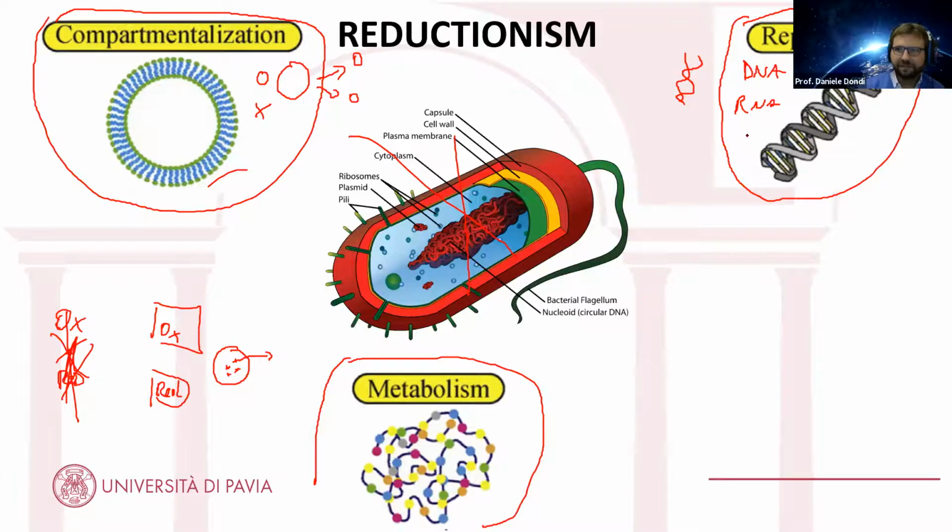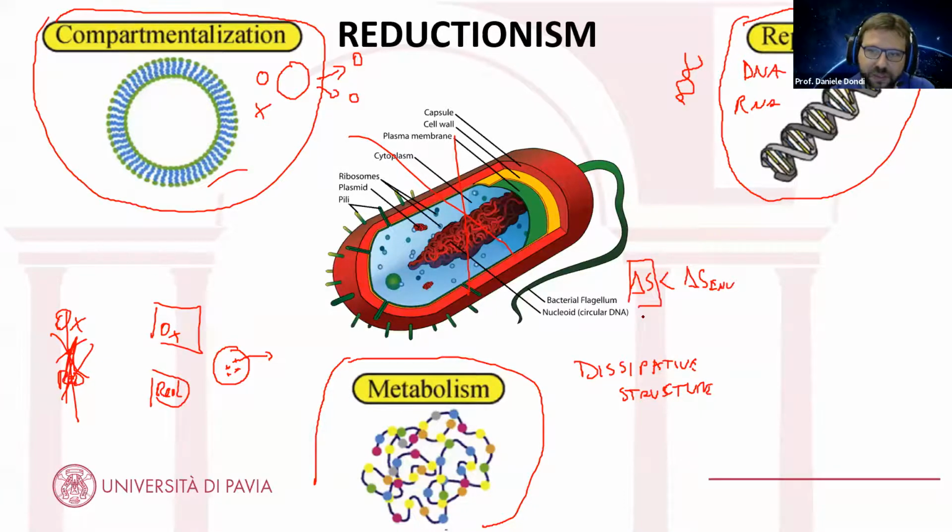But for physical chemists, maybe they like metabolism more, because they think about thermodynamics. We are not dealing with thermodynamics now, but a living organism is called a dissipative structure, because internally it has an entropy that is lower with respect to the entropy of the environment. In order to keep this order, it must create more disorder, if not, it's not thermodynamically stable.